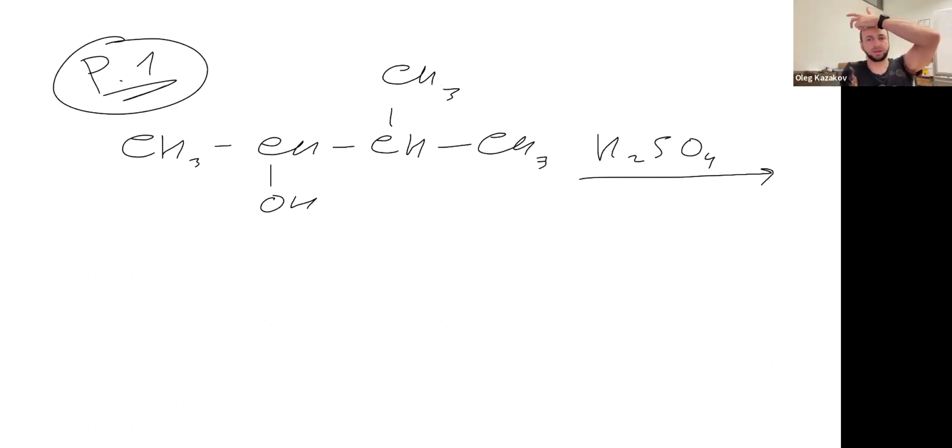This is executed at a relatively high temperature, about 180 degrees Celsius. Under these conditions, H2SO4 and 180 degrees Celsius, we're going to perform the dehydration, or a removal of HOH, H2O, water, in other words, from the molecule of alcohol.